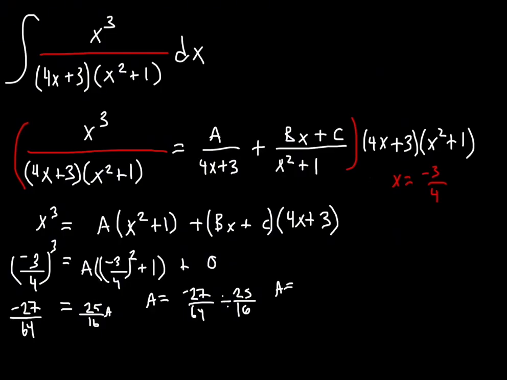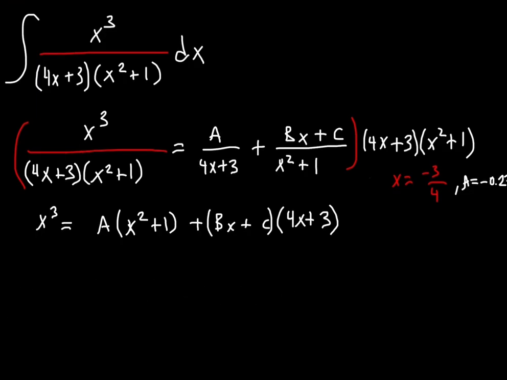A is negative 27 over 100, which is pretty much negative 0.27.